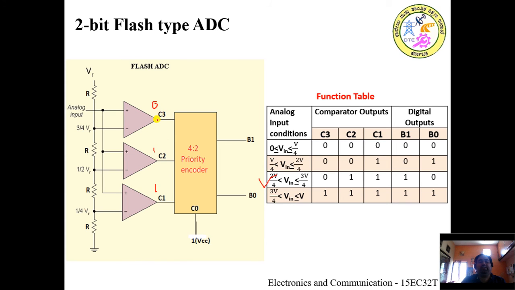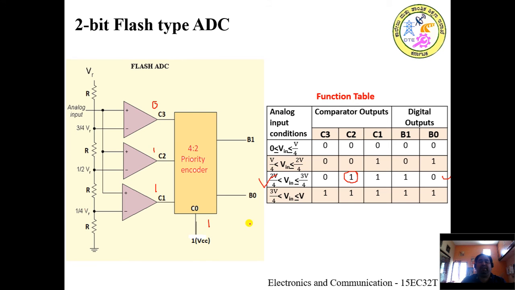That's why with 0, 1, 1 combination, since C2 has got the higher priority than C1, the C2 will take the precedence and the output would be 1, 0.